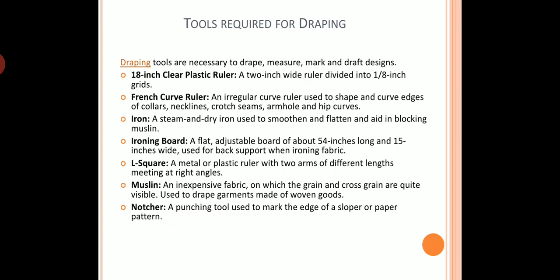Then comes a notcher. A notcher is a punching tool used to mark the edges of a sloper or a paper pattern. So of course we don't need it on the muslin, but once we transfer the pattern on the paper, then we will need a notcher.